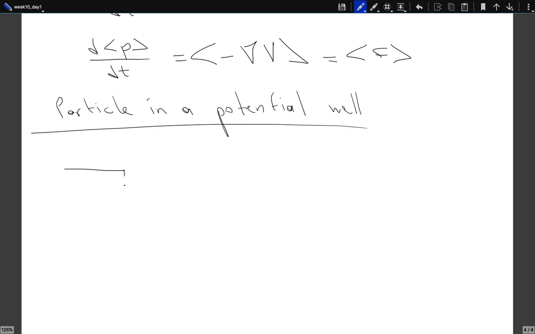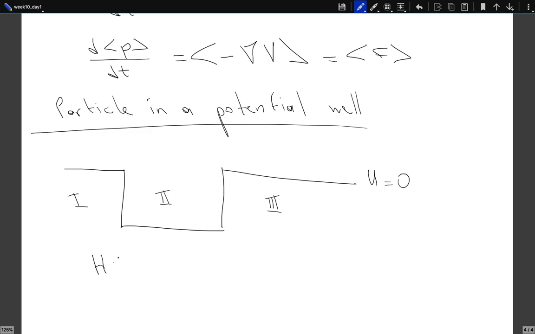Okay, so as a reminder, we had such a potential. We divided our system into region 1, region 2, and region 3, and this is the E equals 0 line, or U equals 0. We were looking for a solution of H psi equals E psi, where E was less than 0. So essentially we are trying to see if we can put a particle in this well such that it will have a negative energy.